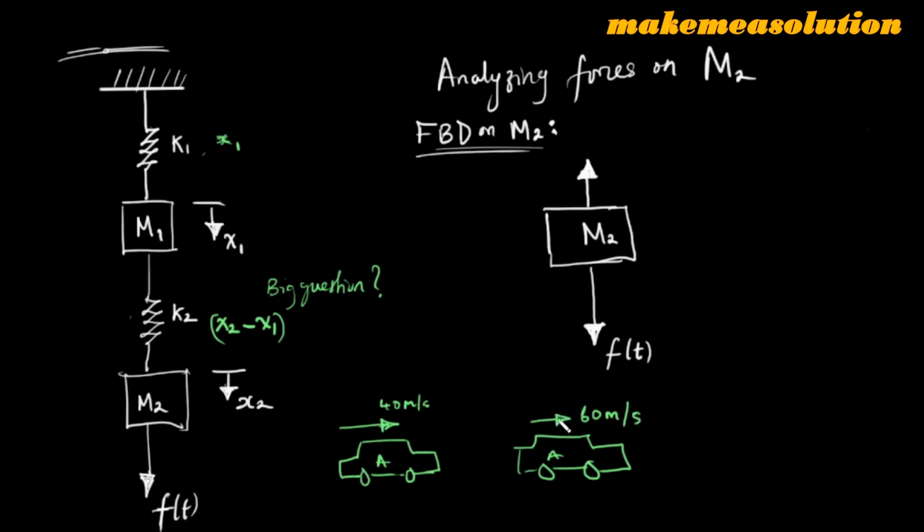Now, if I ask you to calculate the relative velocity of these two cars, you can tell me that the relative velocity is VB minus VA, which is 60 minus 40, which is 20 meters per second. So with reference to car A, car B is traveling at 20 meters per second.